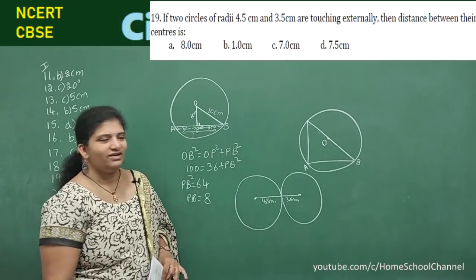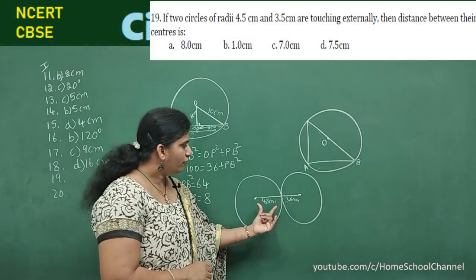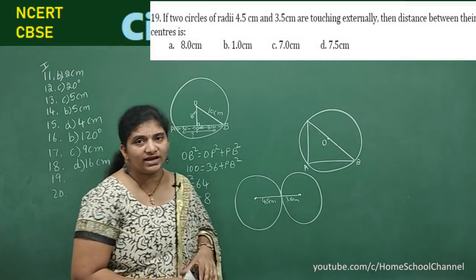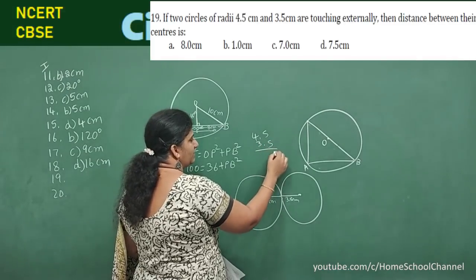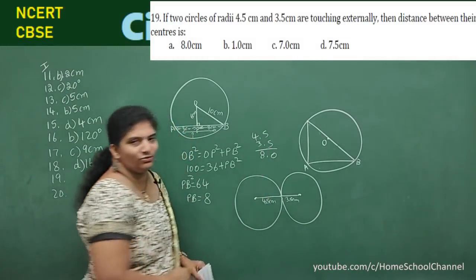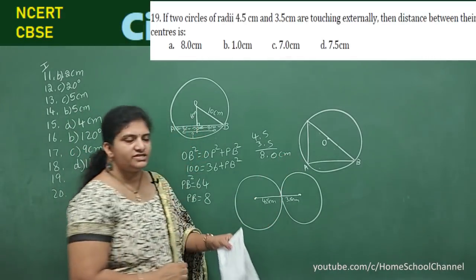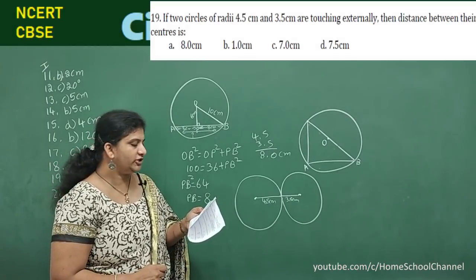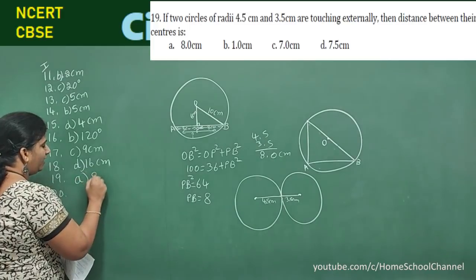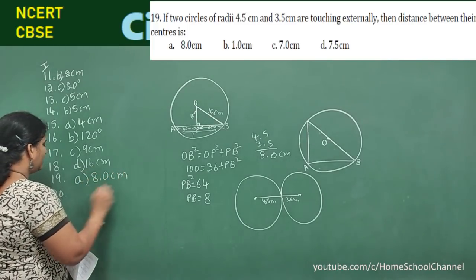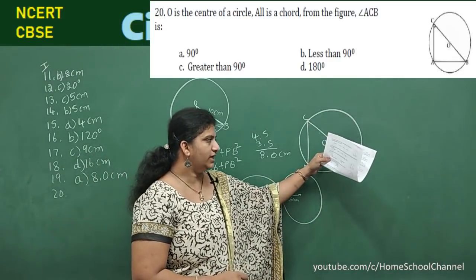Observe here. You can directly add, no? 4.5 centimeters plus 3.5 centimeters will be 8.0. Check for the option. Option A, 8.0 centimeters.